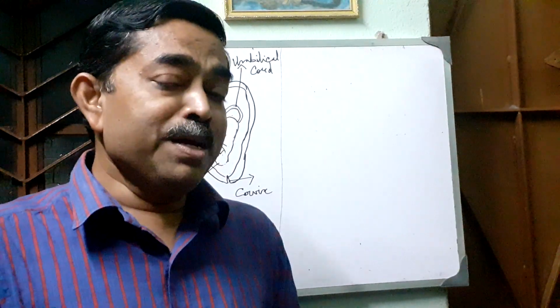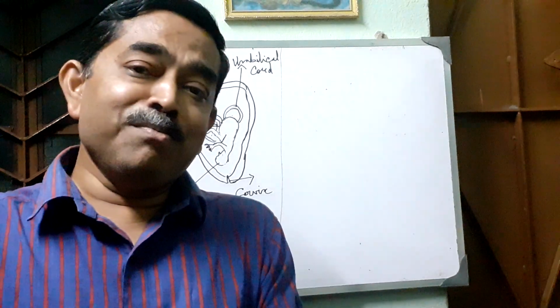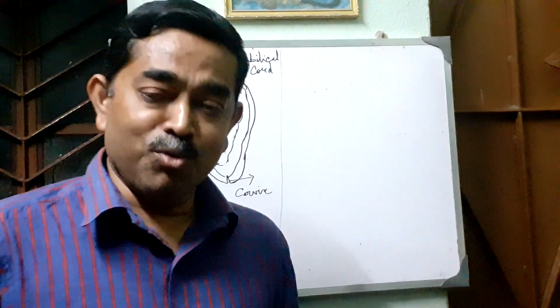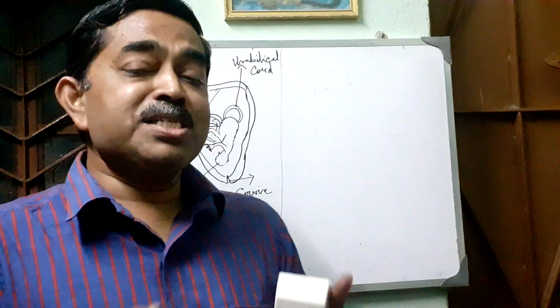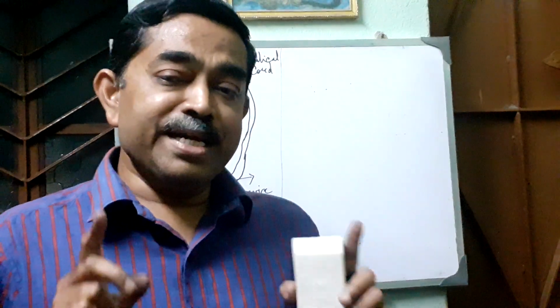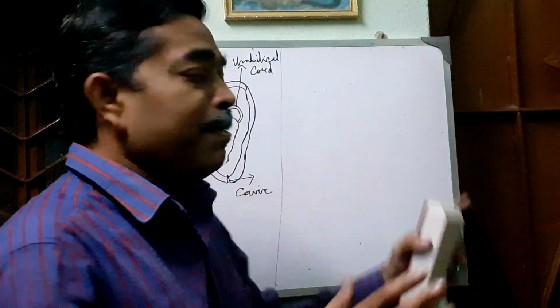RH positive blood will be given to RH positive people, and RH negative blood will be given to the RH negative group. We have to be very careful. And during pregnancy, this type of sensitization effect will create a problem. So we have to be careful during pregnancy, so that the fetus or newborn baby is not adversely affected. So this is all about the human blood groups.